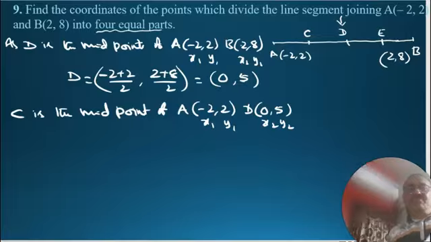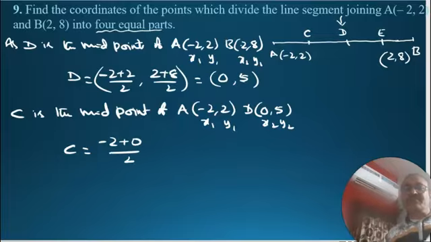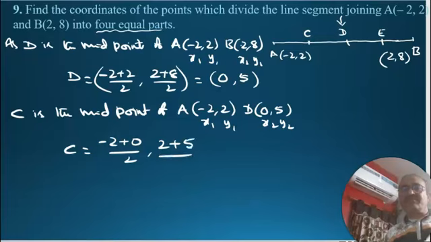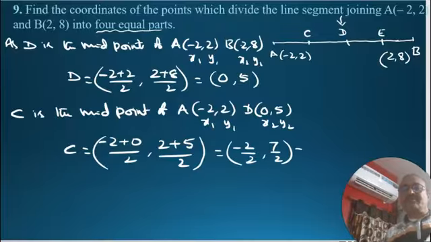Now the coordinates of C are x1 plus x2 by 2, which is minus 2 plus 0 by 2, comma, y1 plus y2 by 2, which is 2 plus 5 by 2. That is equal to minus 1 comma 7 by 2.